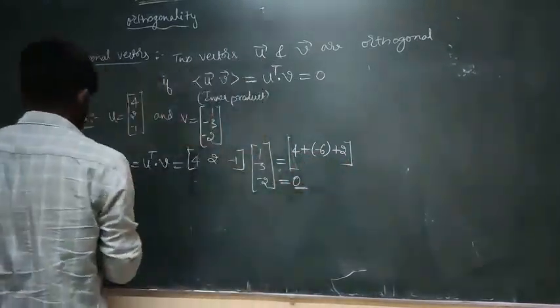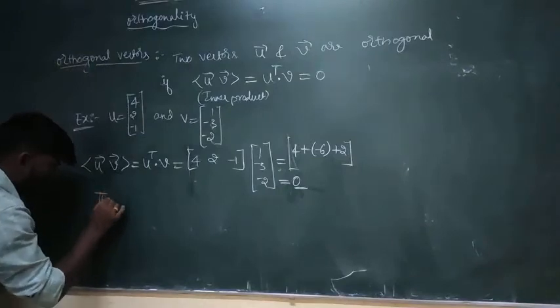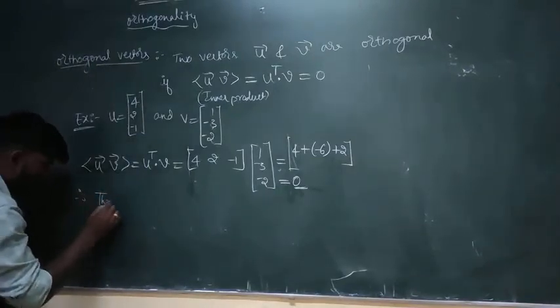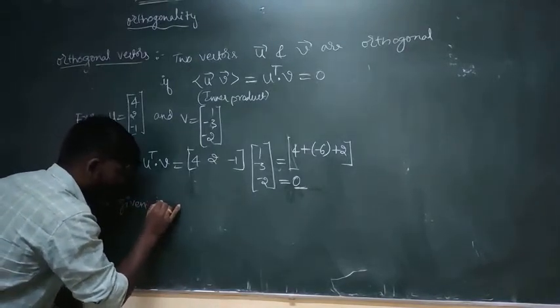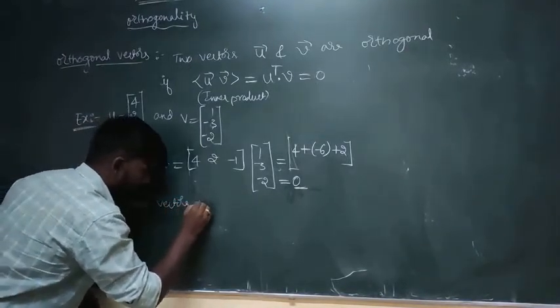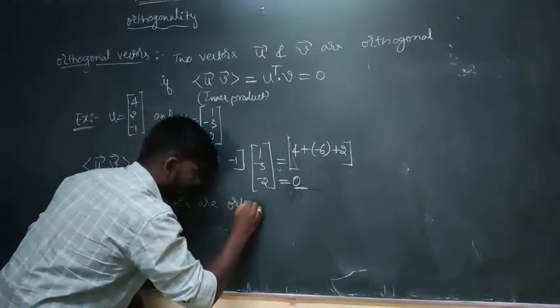Their inner product is 0, therefore the given vectors are orthogonal.